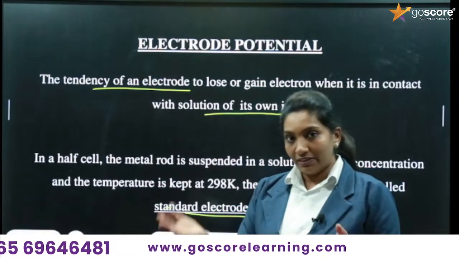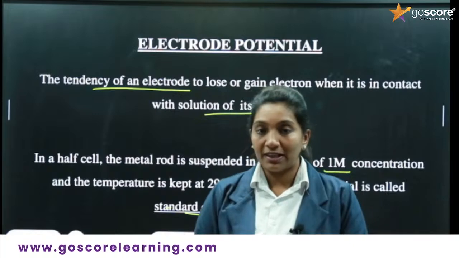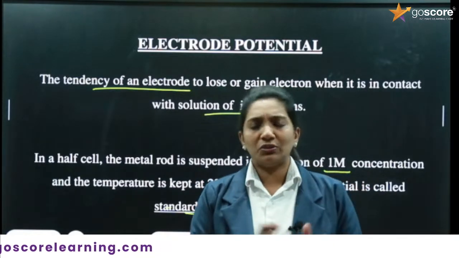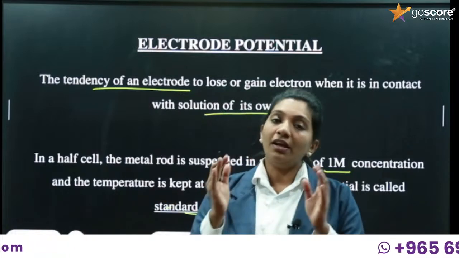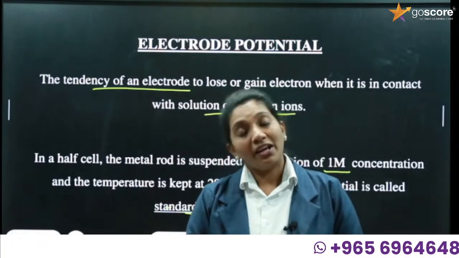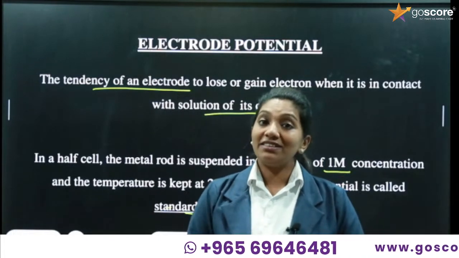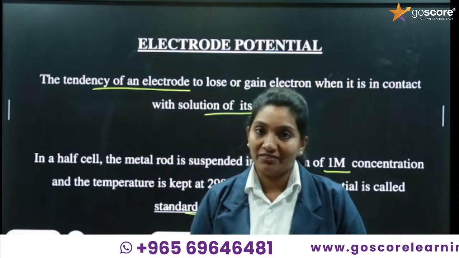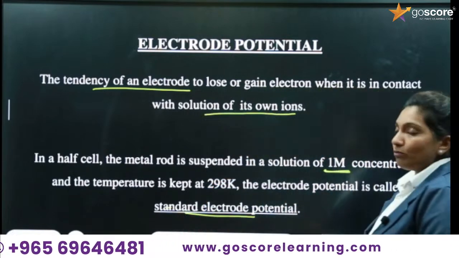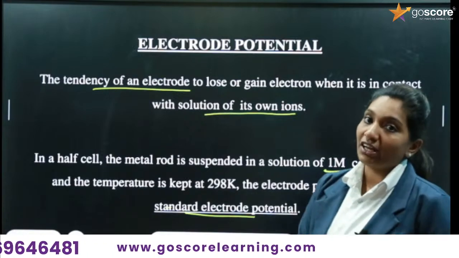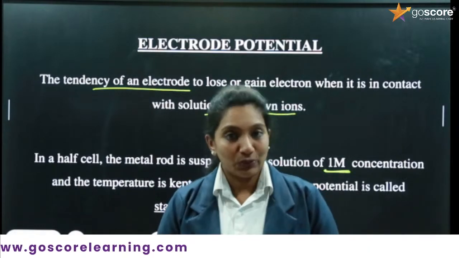In a half cell, we have learned there are 2 electrodes, cathode and anode. Whether you keep the cathode or anode, it will have an oxidation potential or a reduction potential. If you are keeping the electrode in 1 molar concentration of its salt solution at 298 Kelvin, the temperature is very important and the concentration is 1 molar, then the electrode potential is called the standard electrode potential.